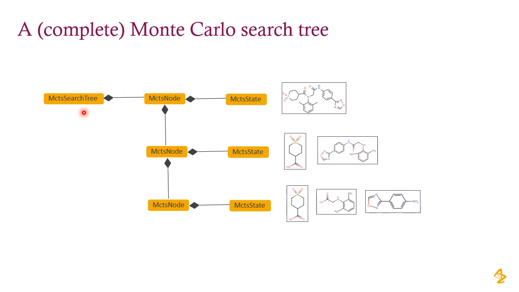We have the search tree that holds a reference to a Monte Carlo node, the root node, which holds a state, basically a list of molecules, and this node has in turn a child node, which has a state with two molecules, and this node also has a child with a state that has three molecules. One of the molecules here is the same as in this state because it's this molecule that was broken down into these two molecules. So this is what we will analyze.